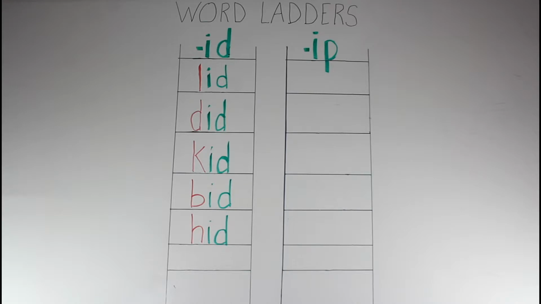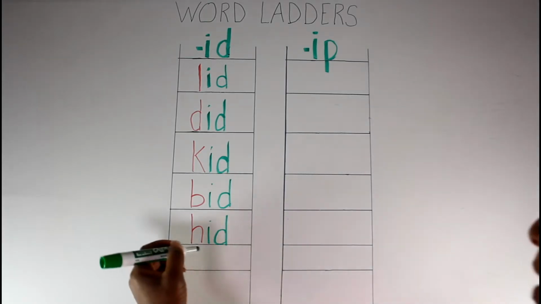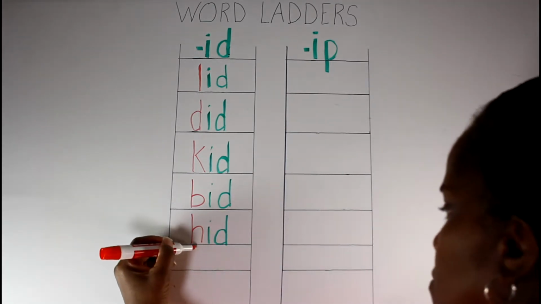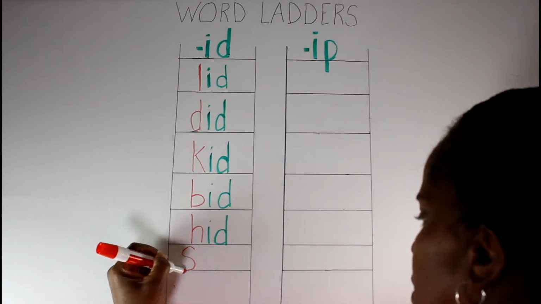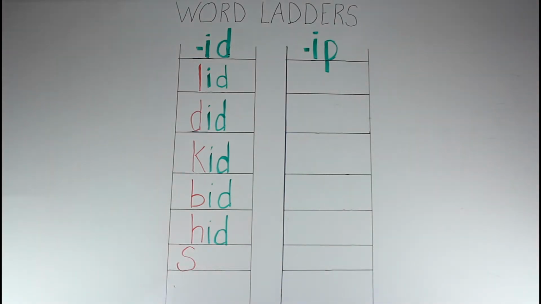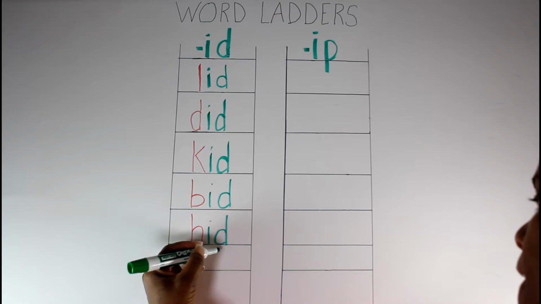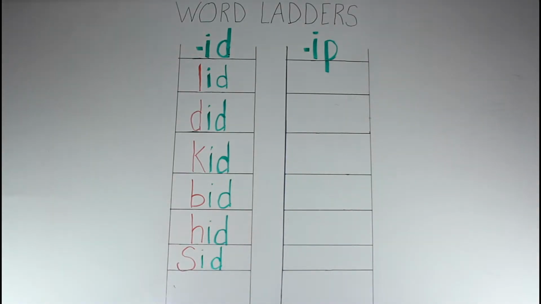And with this word, Sid, which is the name of a person, remember I told you that we write a capital S for the name of a person. So this is uppercase S. And we write ID. And we get Sid, which is a name of a person.